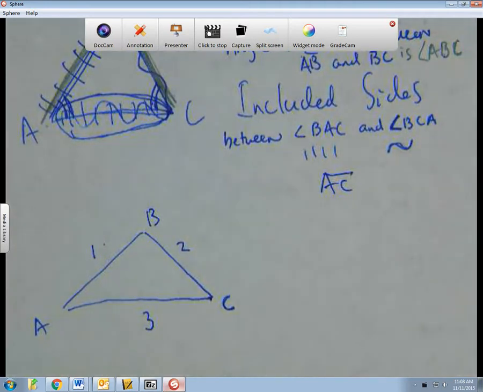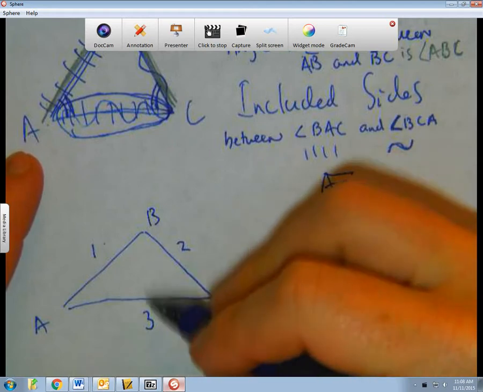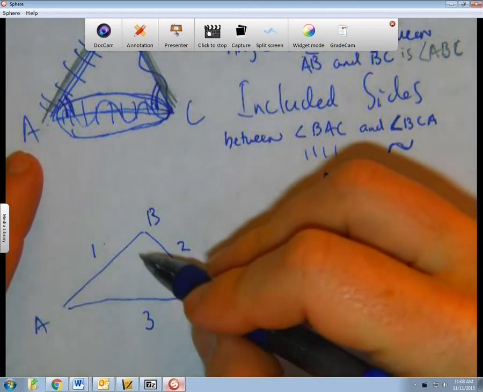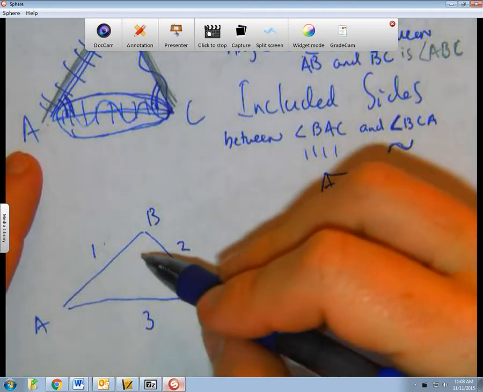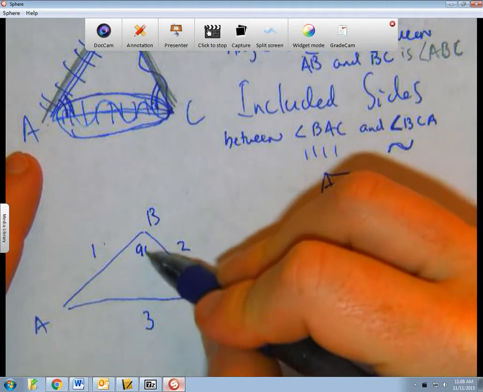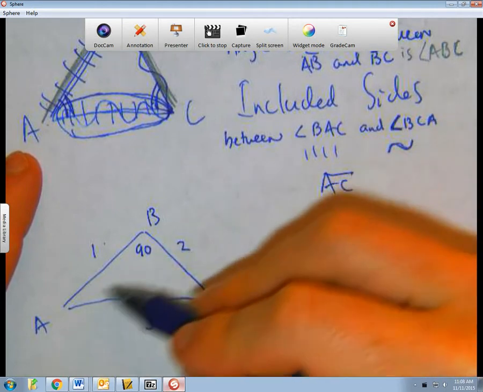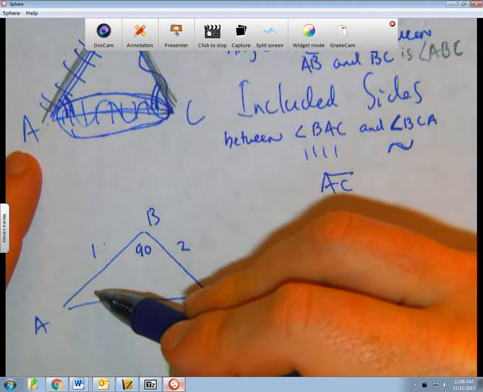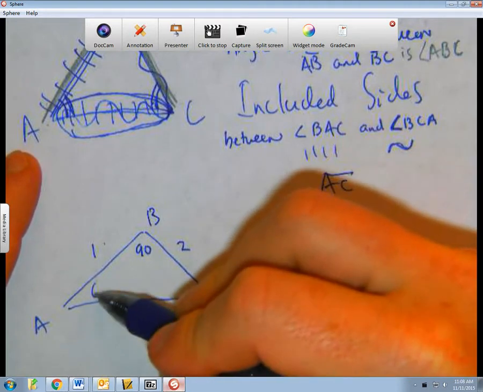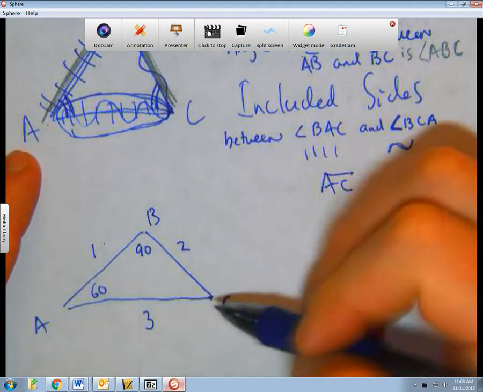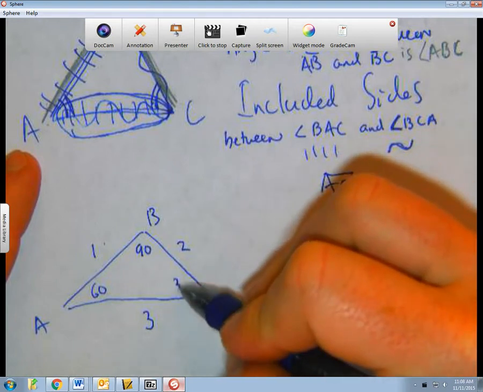Okay, so the way that it works is this angle is going to be the biggest. So let's say that is 90. This guy will be the second biggest. Let's say that is 60, and this guy will be the smallest. Let's say that is 30.